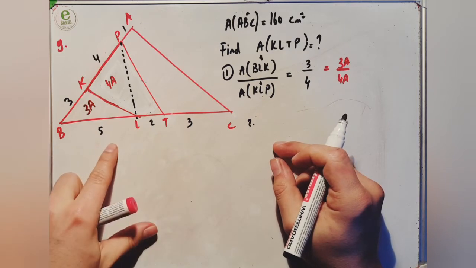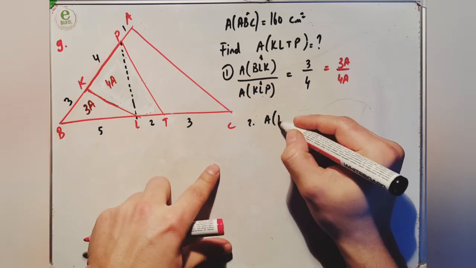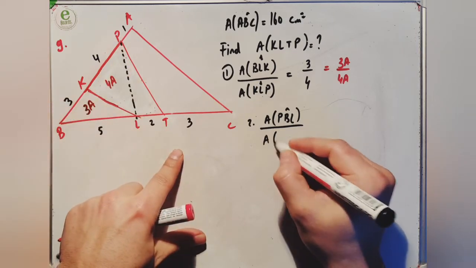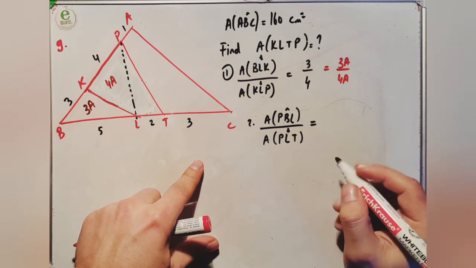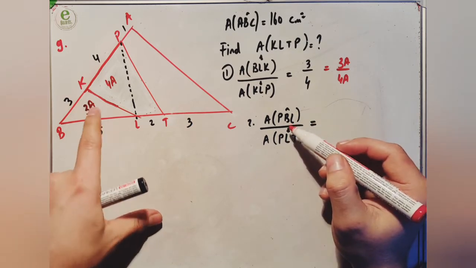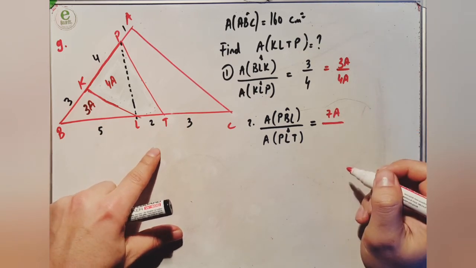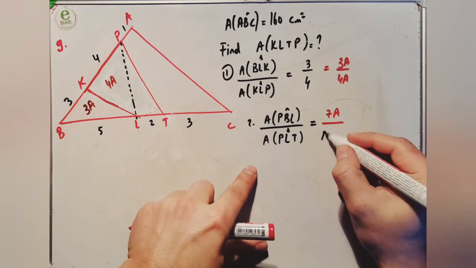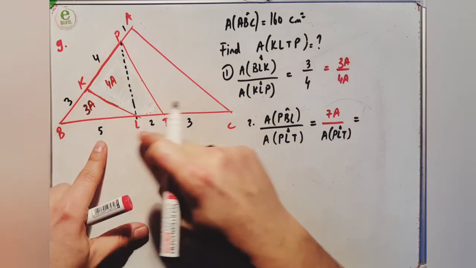And for the second, triangle PBL. The area of triangle PBL over triangle PLT is equal to, the area of triangle PBL is 3A plus 4A, which means 7A, over the area of PLT, and we can see their bases are 5 and 2.